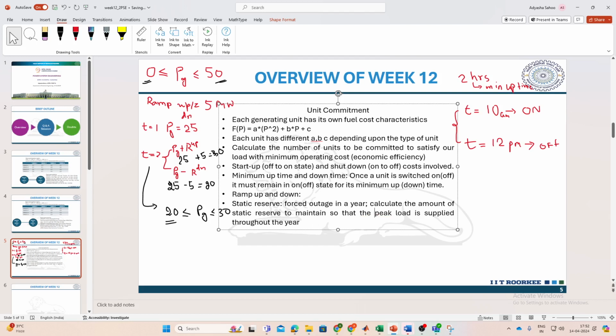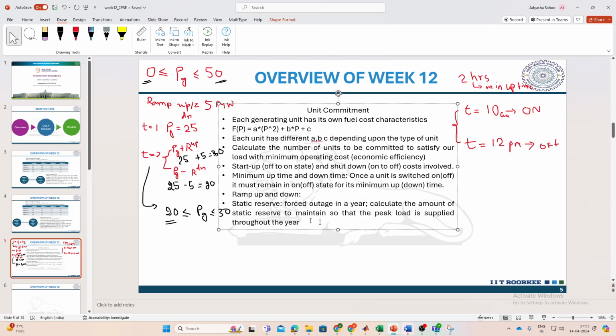So depending upon, because if there is an outage, let's say you have 100 megawatt of generation and 100 megawatt of load, and you have just committed 100 megawatt of generation only, and due to this forced outage, let's say 10 megawatt of your unit is shut down, so now you cannot meet 100 megawatt of load, right?